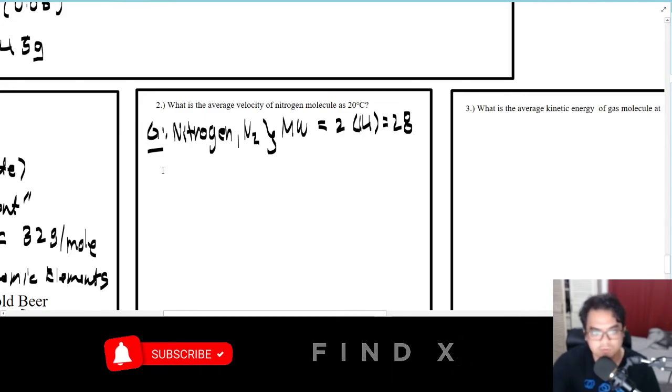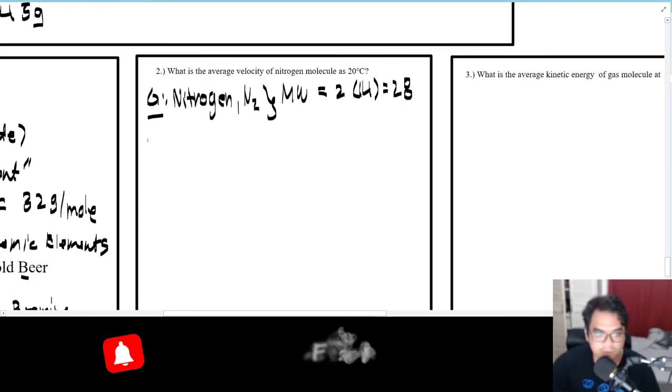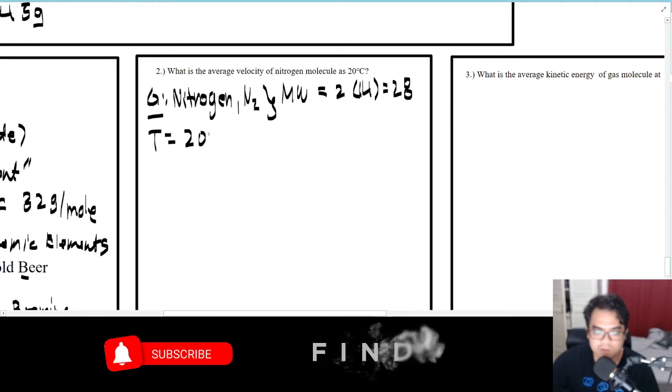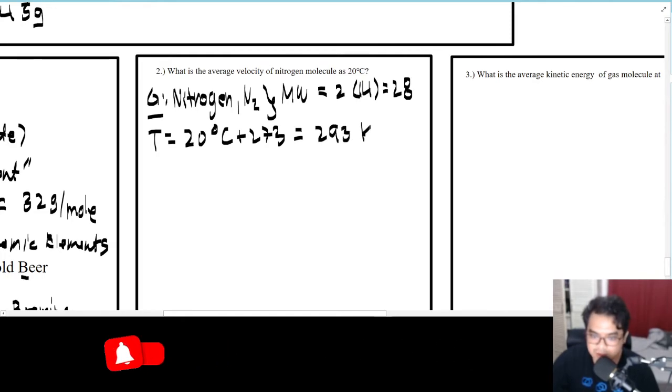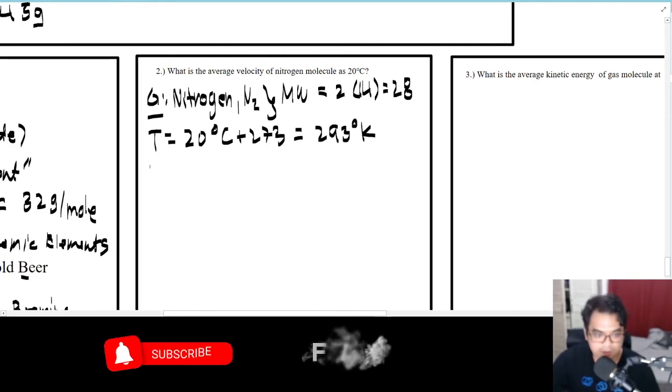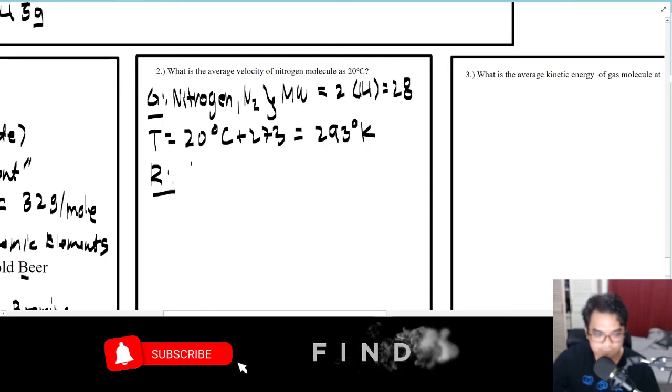And then we also have the temperature, which is equal to 20 degrees Celsius. So plus 273. So this will make it in Kelvin. So 293 Kelvin. And then we are required to find V average.